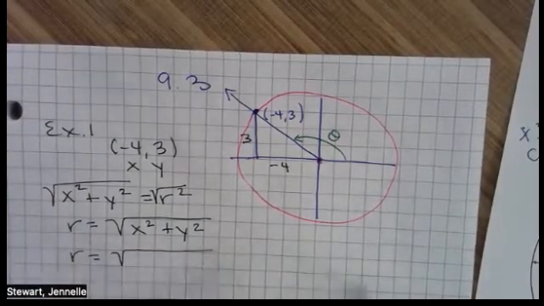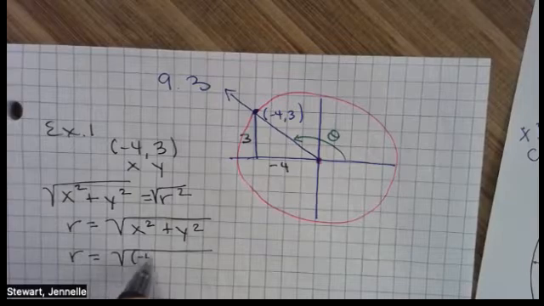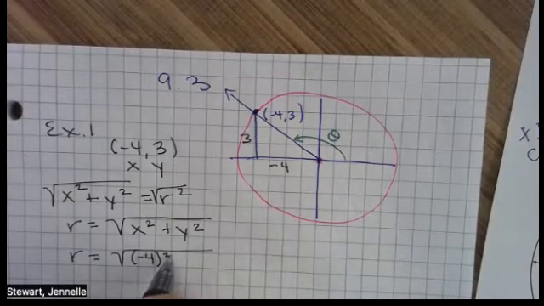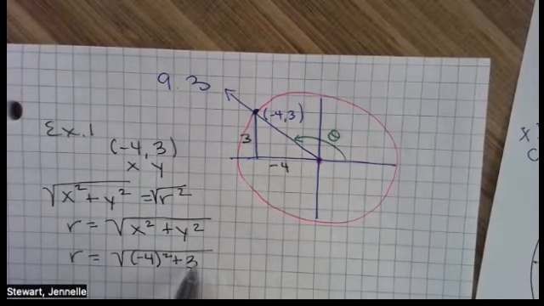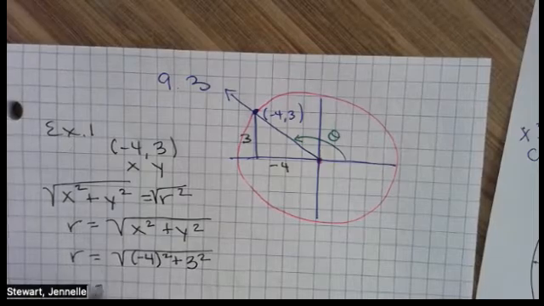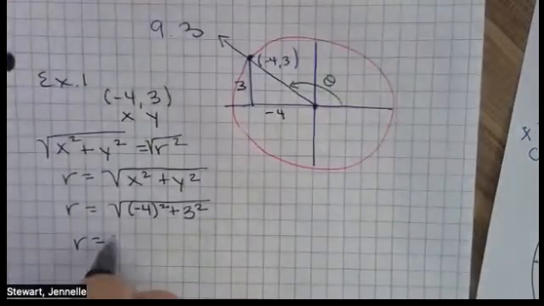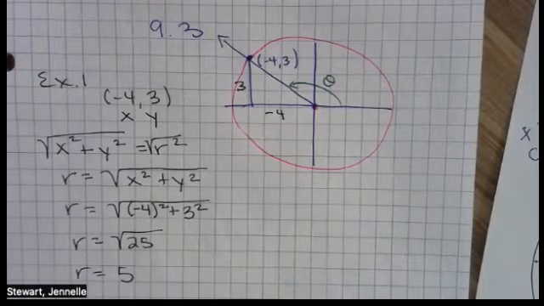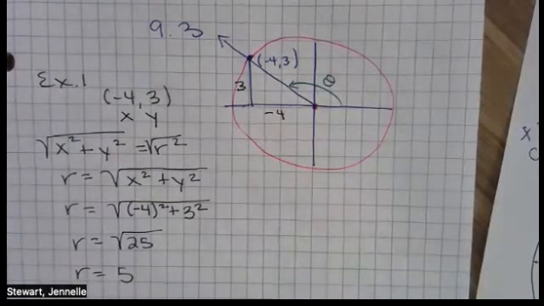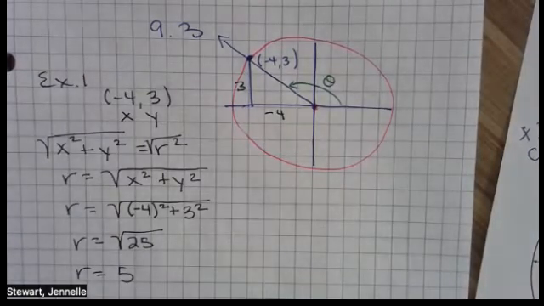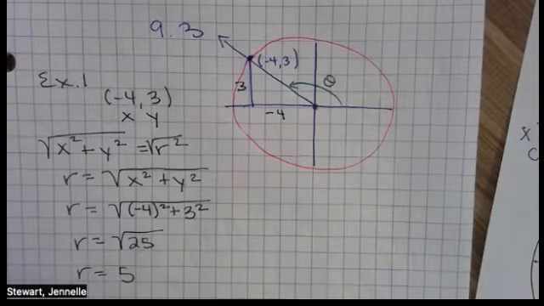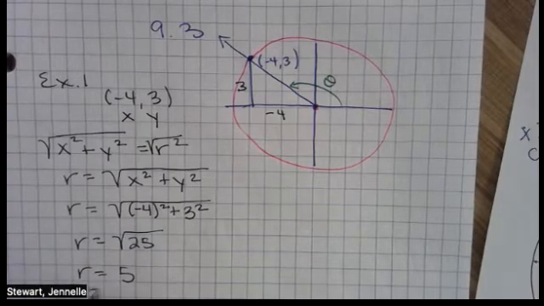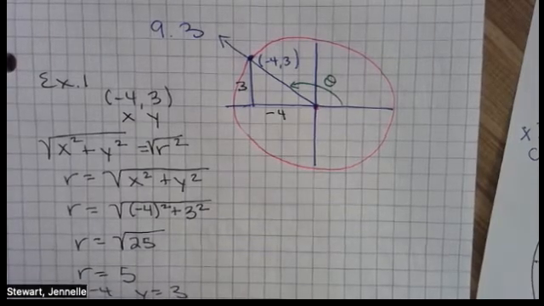Okay, go ahead and plug that in. R equals the square root of 25. So you find out that r is 5. Okay, if I were you, make sure you write all that down. R is 5, x is -4, y is 3.